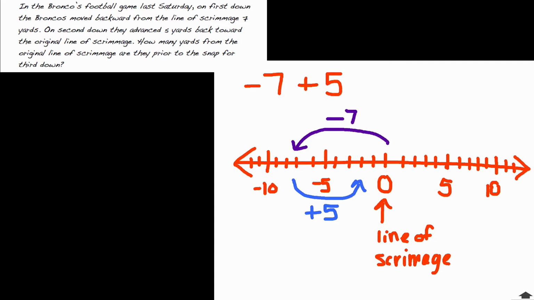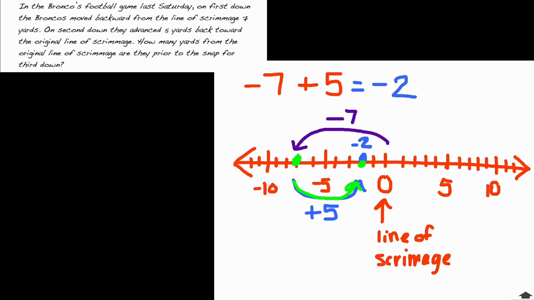Another way that you can do this, let me switch colors to show you. You can actually start at the -7 since that is the first number in our expression. And from that -7, just go ahead and add the 5, and you'll find that we end up in the same spot as -2.